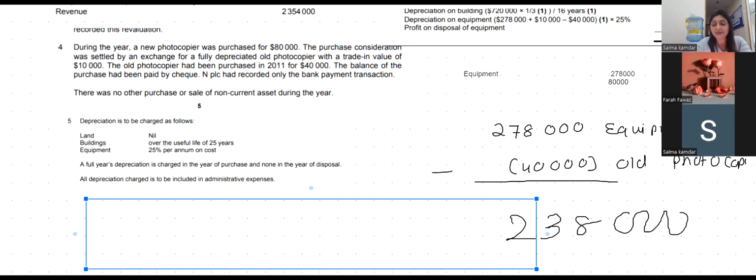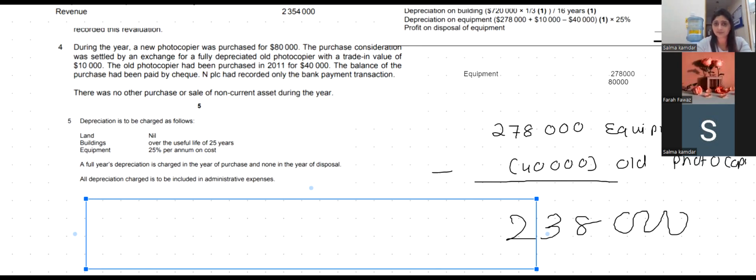So the bank payment for this transaction is only 10,000. Old gone, new come. And the bank payment is only 10,000.